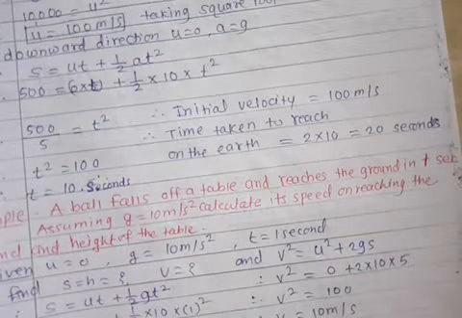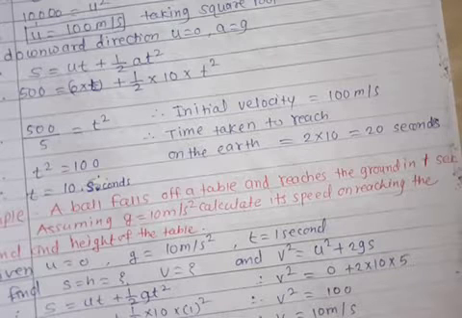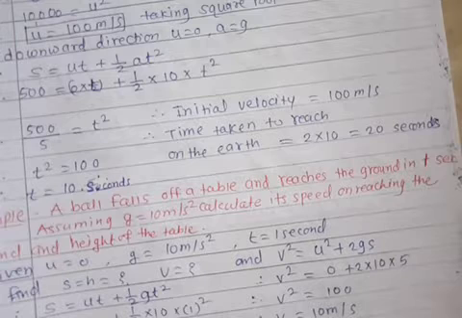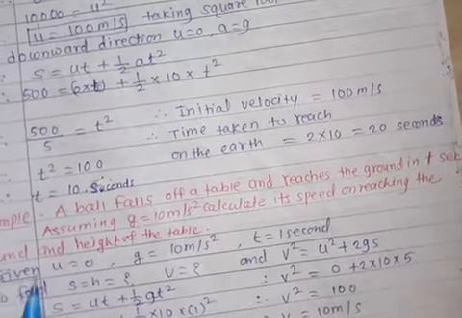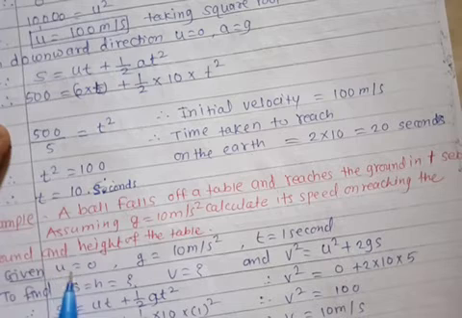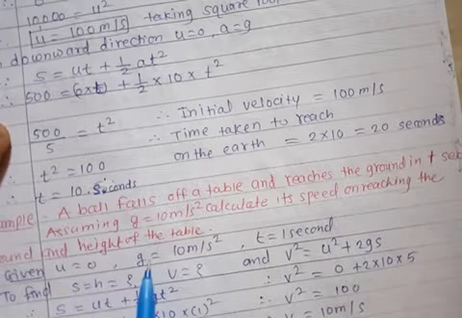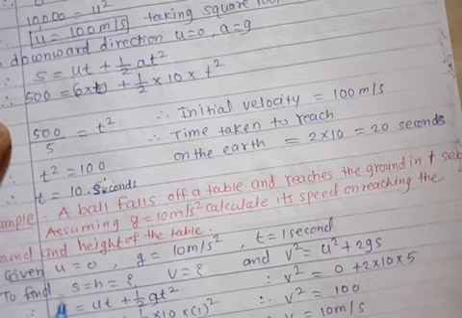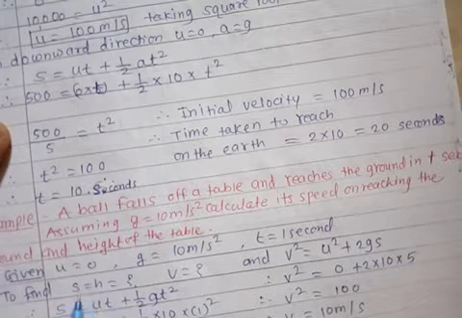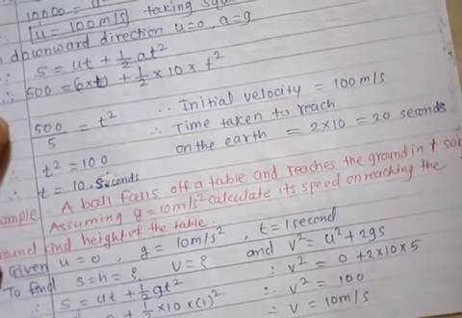You have to find the height of the table and the speed of that ball at the time of reaching the ground. Given u equals 0, the initial velocity is 0, g equals 10 meter per second squared. You have to find h or s, and v.